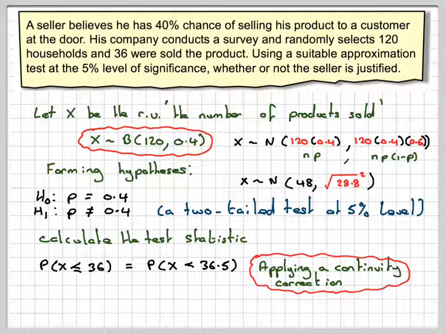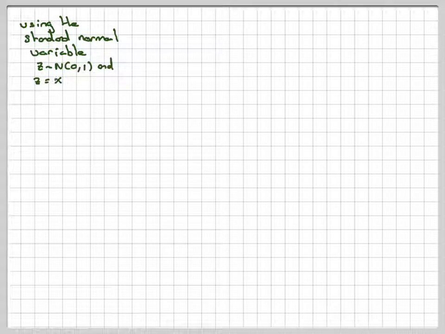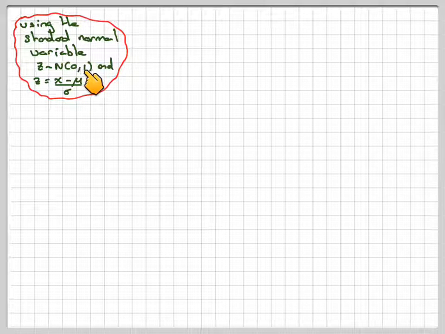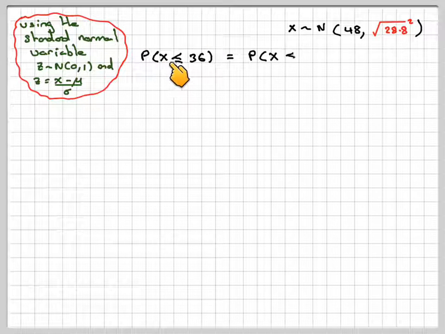We're going to be using the standard normal variable, where Z is N(0, 1), a mean of 0 and variance of 1, and we will have to standardize using Z equals X minus the mean divided by the standard deviation. Therefore X will be normally distributed with a mean of 48 and a standard deviation of the square root of 28.8.